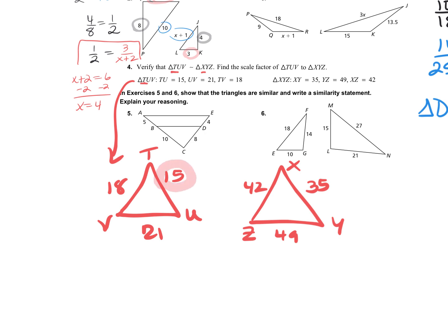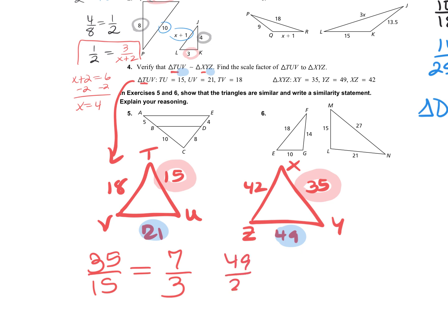So TU and XY, if I put 15 over 35, or let me do it right to left, 35 over 15. If you're just verifying, the order doesn't matter. So this is going to be 7 to 3. And then if you take the next two letters, UV and YZ, you do 49 over 21, divide them both by 7, you get 7 to 3.